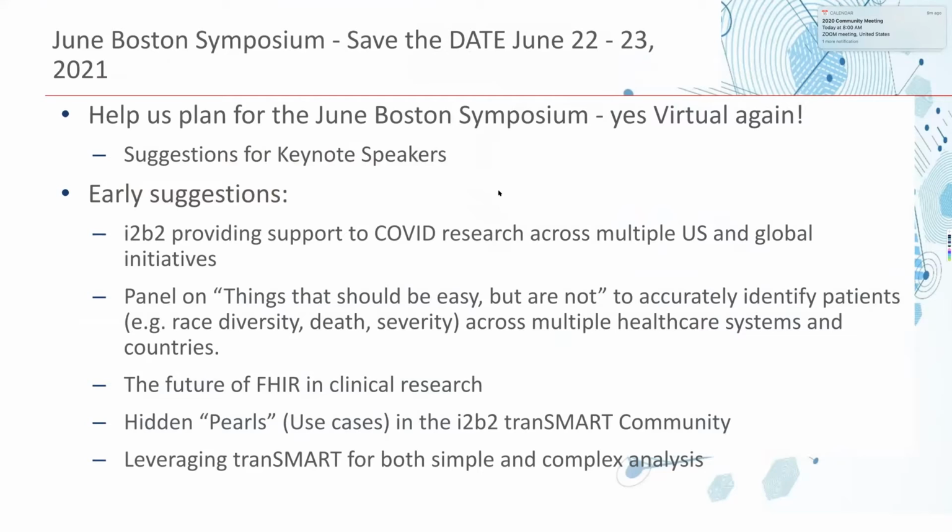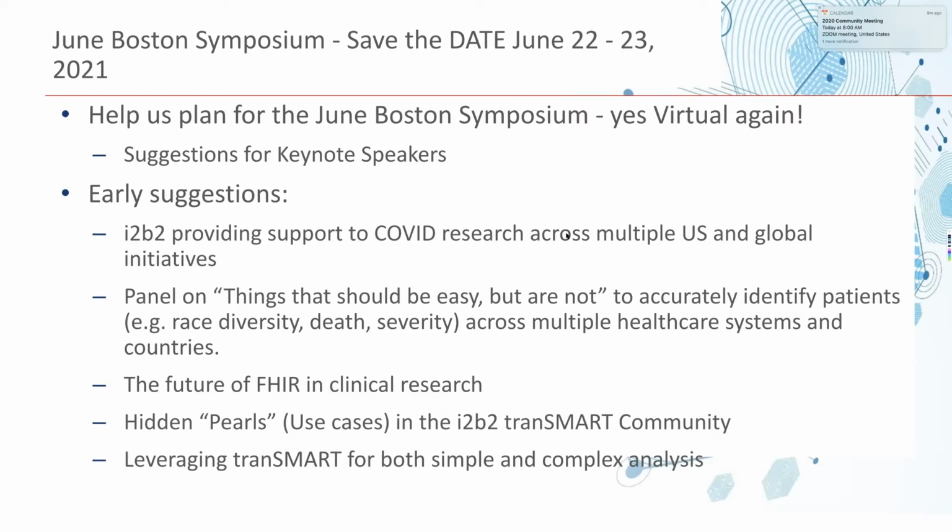We are looking for keynote speakers and session topics. Some of the ones we've been thinking about are, first of all, talking about some of the COVID activities that the foundation has been involved with and giving updates on the different things that have been happening. We are also thinking about a panel discussion on things that should be easy but are not, and some aspects of using our various tools.